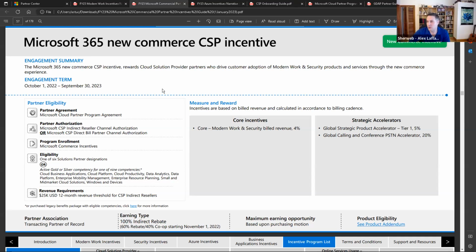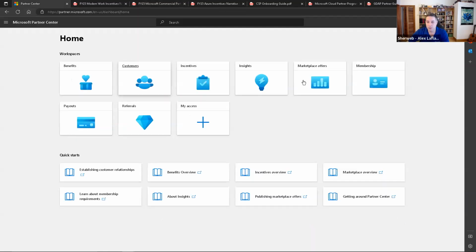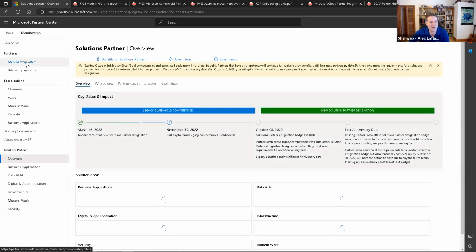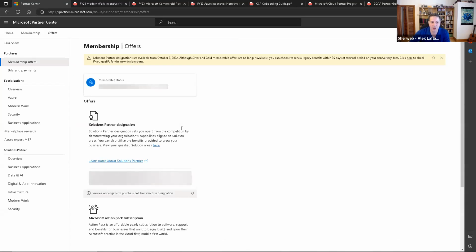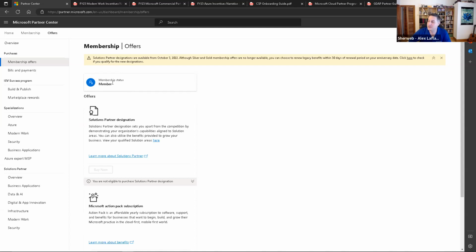Okay, well, the first thing you would want to look at is in your partner center, you will want to go to the membership section. And hopefully, yep, great, it loads. And then in the membership offers tab, you will first see your membership status.